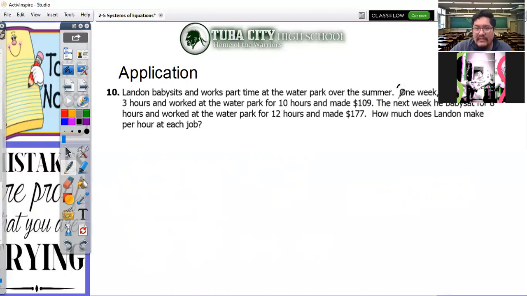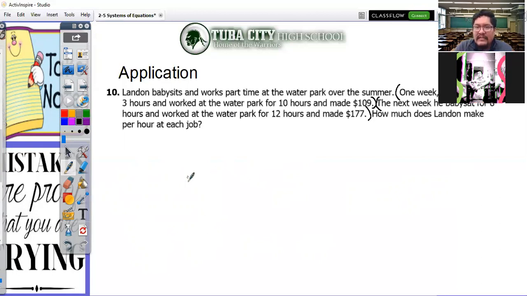And first clue statement: 1 week he babysat for 3 hours and worked at the water park for 10 hours. The next week, he babysat for 8 hours and worked at the water park for 12 hours. So that's our second clue statement. And then the question statement: how much does he make at each job? So again, we have two clues. This one should be an easy one to break down.